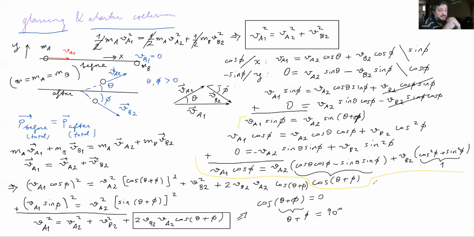Or sometimes the problem will be such that maybe the masses are even equal. You'll find out that they happen to be perpendicular to each other, okay? Which shouldn't come as a surprise now, because now you know why they have to be perpendicular to each other.